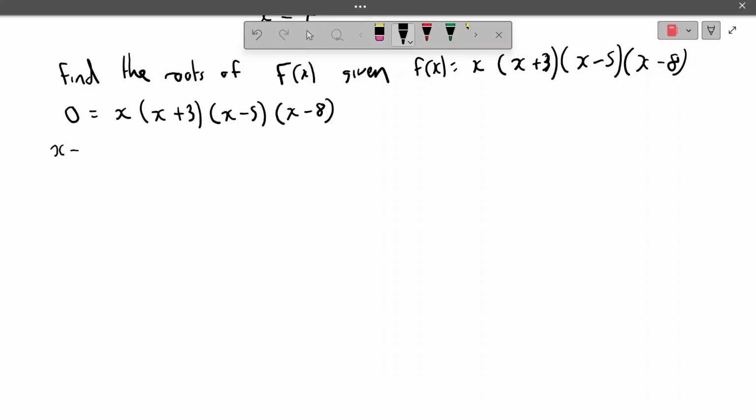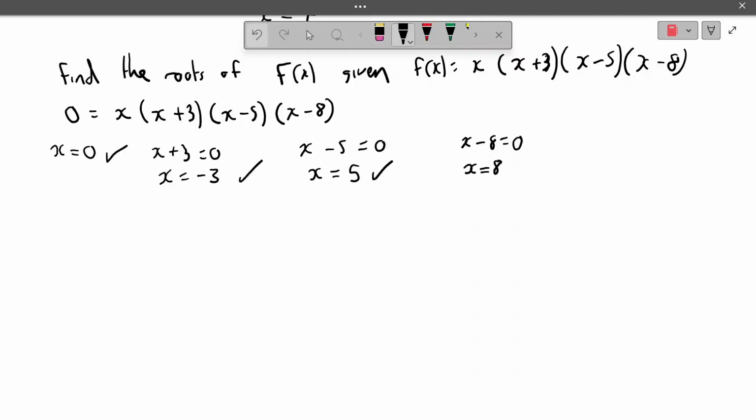So either x equals 0, x plus 3 equals 0, x minus 5 equals 0, or x minus 8 equals 0. The first one's kind of done for us because x equals 0, there's nothing to do. We have x plus 3 equals 0, so x equals minus 3. x minus 5 is 0, so x equals 5. x minus 8 is 0, so x equals 8. There are 4 answers here because there are 4 roots.